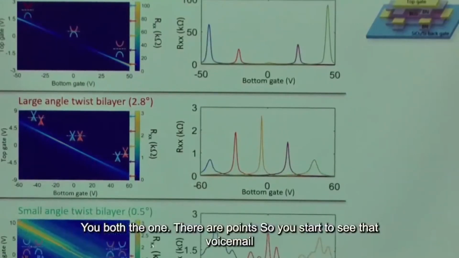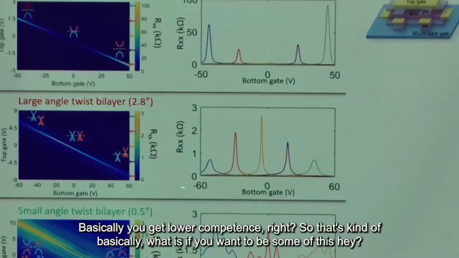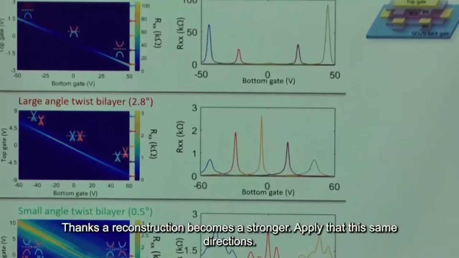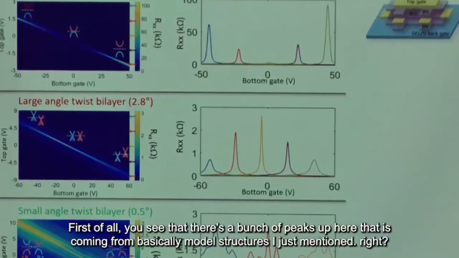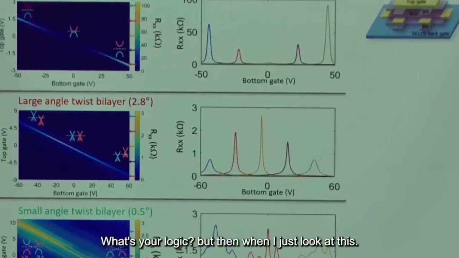If you go to a smaller twisting angle, smaller than the critical twisting angle, the interaction and the reconstruction become stronger. Applying the same procedure, first of all, you see that multiple peaks appear. That is coming from the moiré structures I just mentioned.